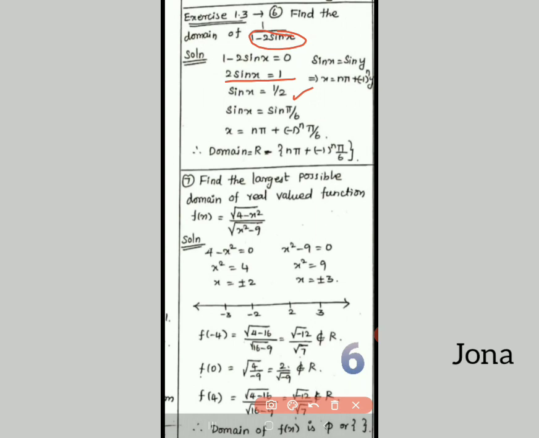For 30 degrees, that means sin 30 degrees equal to 1 by 2, isn't it? So 30 degrees is nothing but pi by 6. We convert into radians. In trigonometrical ratios, we will study about these things. That is the third chapter in the 11th standard. At that time I will explain you briefly.